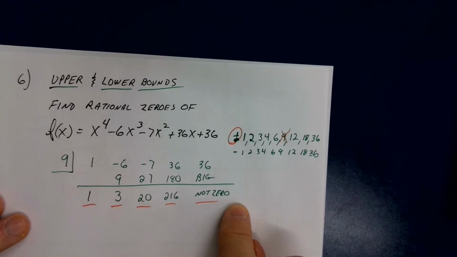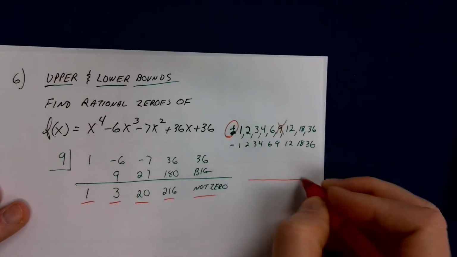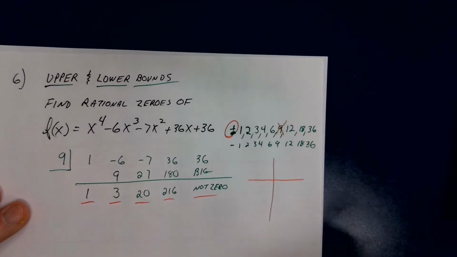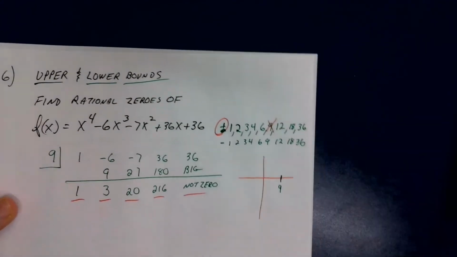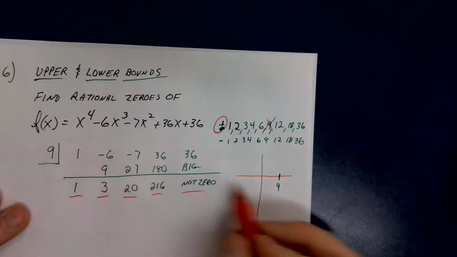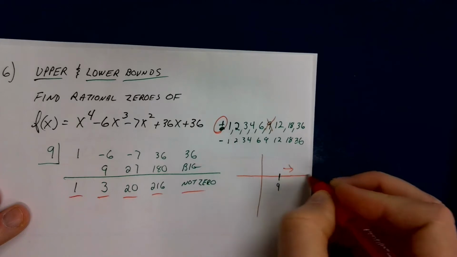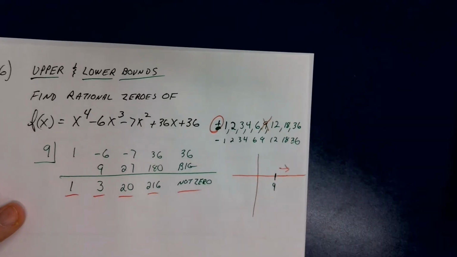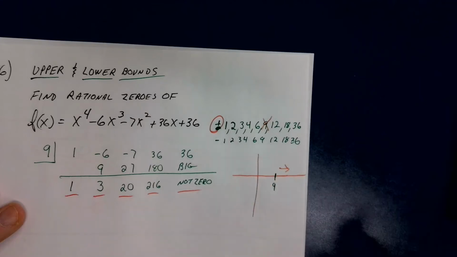All of these are non-negative numbers, which means that if my parabola was graphed, wherever 9 is, it will never hit the x-axis again beyond 9. Which means if it's going to cross it, it's got to cross it in these spots here.